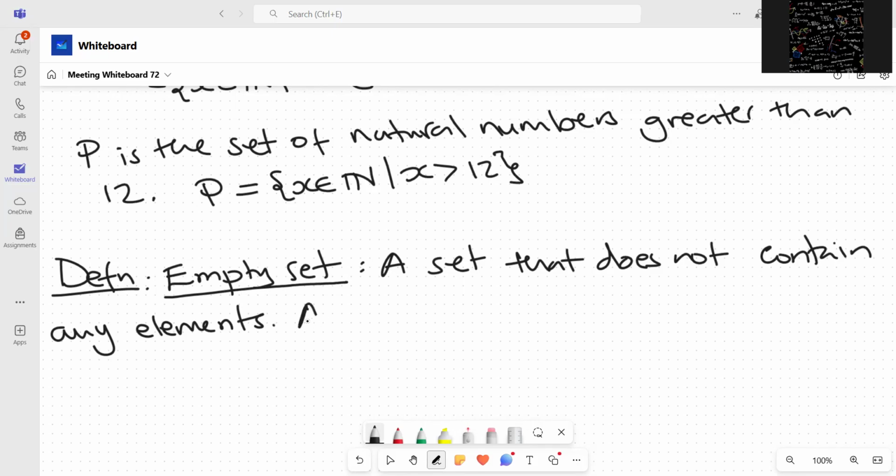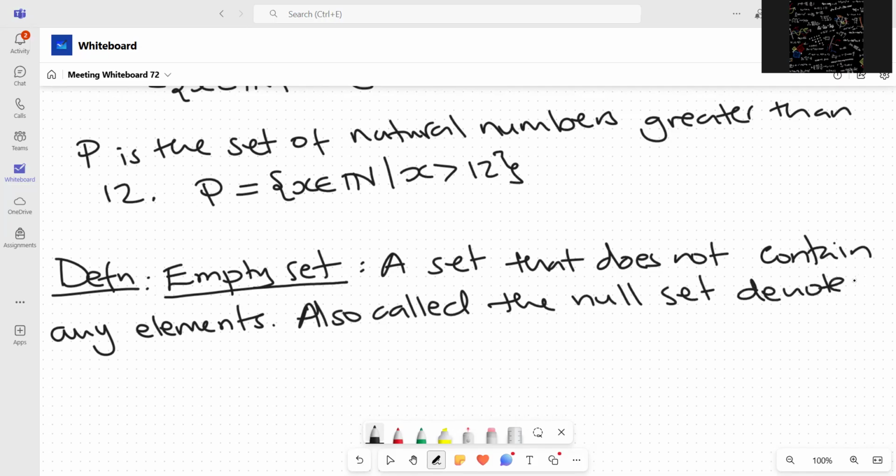It is also called a null set, and it is denoted using phi. This is a Greek letter that looks like a 0 with a line drawn through it. Or you may see set braces with nothing in between.